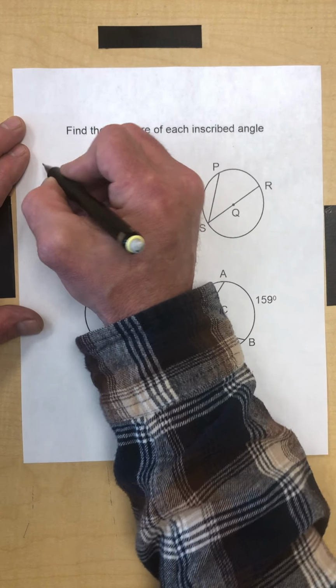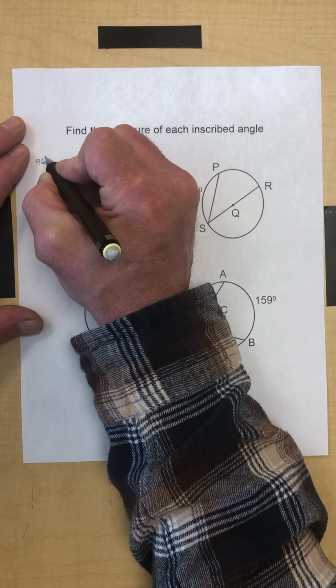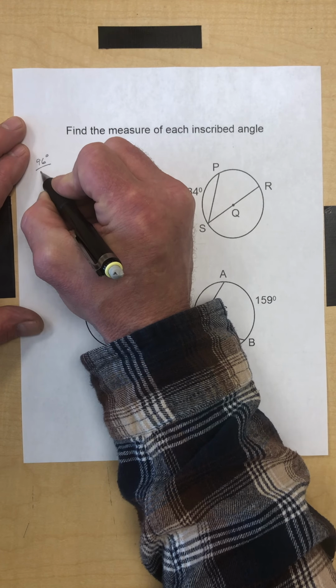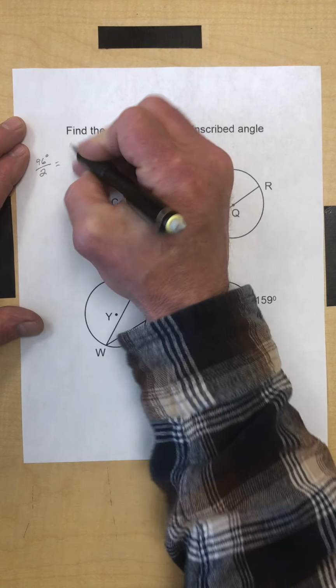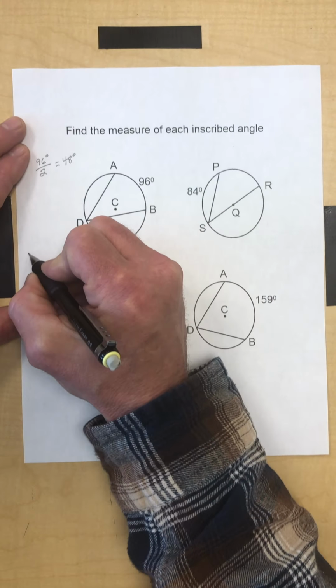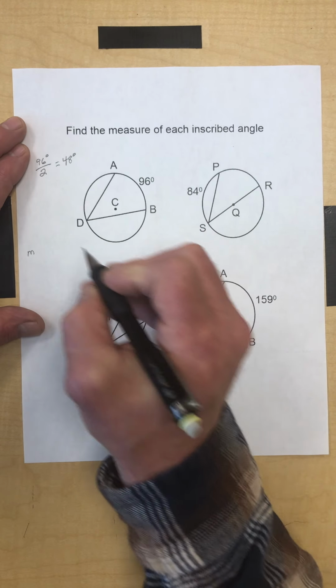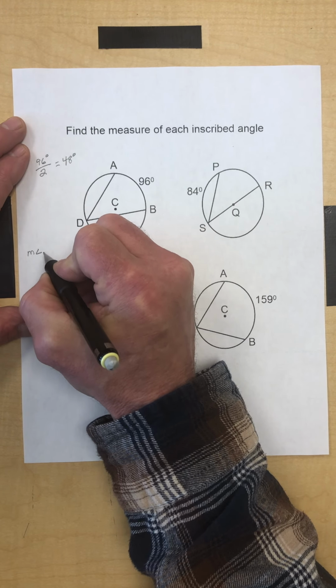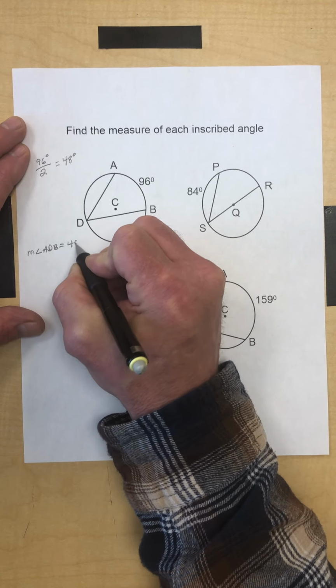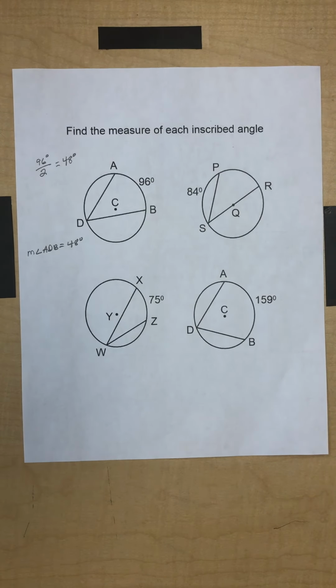If we take 96 degrees, the measure of the intercepted arc, and divide it by 2, we get 48 degrees. So the measure of inscribed angle ADB is 48 degrees. Not a problem.